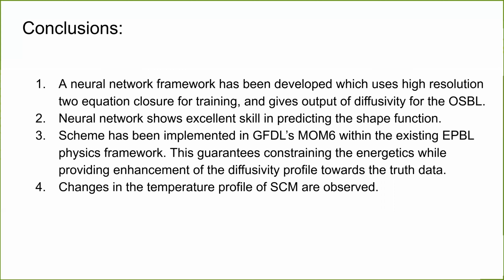This guarantees constraining the energetics while providing enhancement of the diffusivity profile towards the truth data. Our method is also unique in the sense that we are making sure that we are not violating any of the physics principles. Changes in the temperature profile of the single column model are also observed.